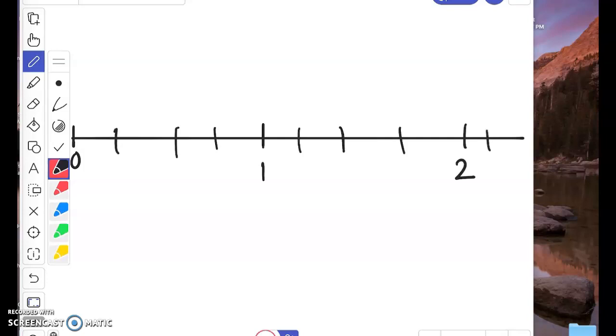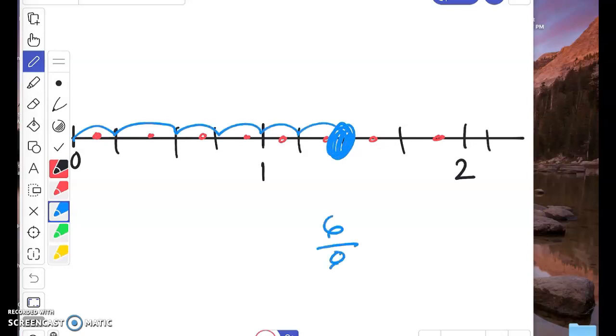Okay, and they start labeling, but the first thing that they do is they go, okay, this has 1, 2, 3, 4, 5, 6, 7, 8 equal parts. So if I have this point right here, I would say that's 6 eighths.